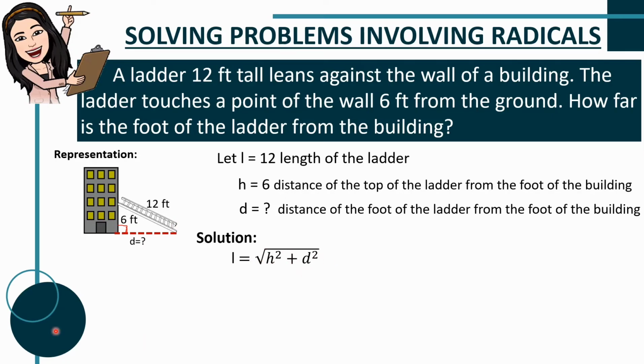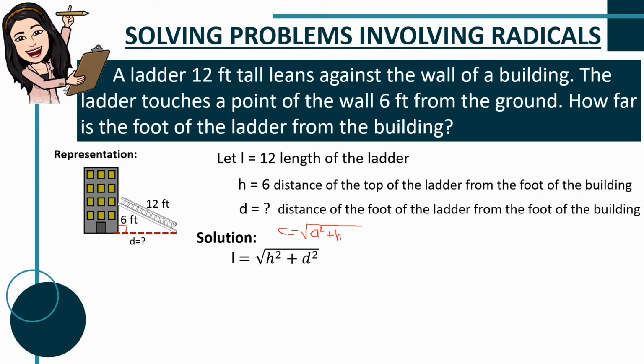Saan po nanggaling yan? Okay, babalikan lamang natin yung ating ano ha. We have C is equal to, this is the Pythagorean theorem. We have A squared plus B squared.